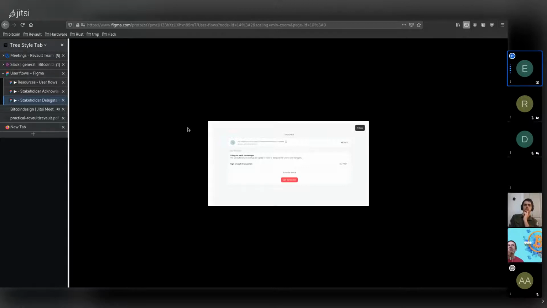So maybe we could remove the unvault stuff here and just say, sign the transaction. The idea of delegating is just to sign the transaction, not broadcast it, only give it to the manager. So the unvaulting doesn't come into effect until a later point when the manager chooses. Yes, when the managers want to spend.